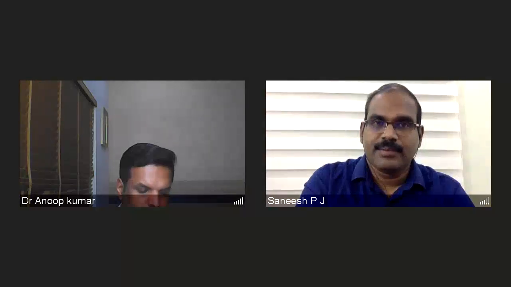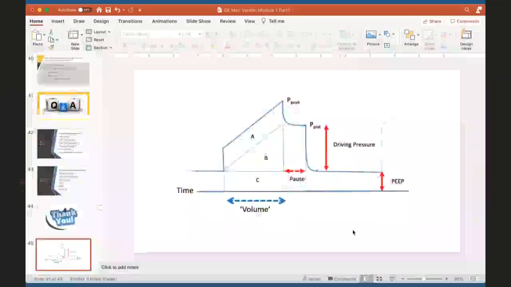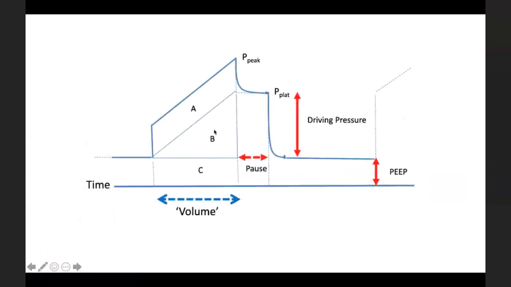That is when you have an inspiratory hold. Here you can see this is a volume control breath. It reaches a pressure peak, then you get an inspiratory hold, and then you get what is called the plateau pressure. PEEP is the raised baseline.